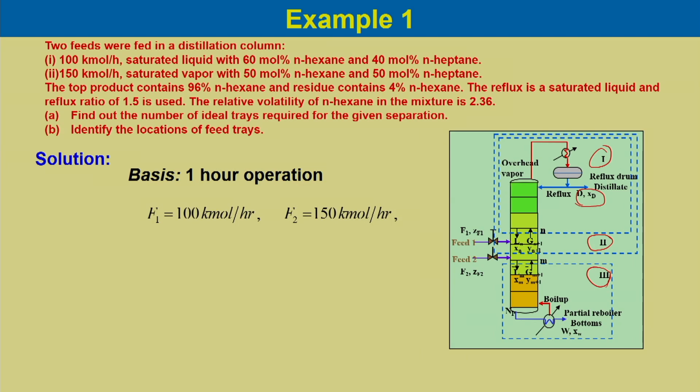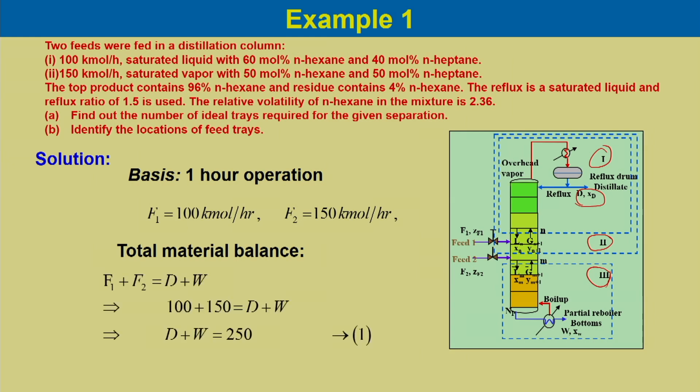Our feed flow rate F1 is 100 kilomole per hour and F2 is 150 kilomole per hour. So, the total material balance gives F1 plus F2 equals D plus W, so D plus W would be 250.